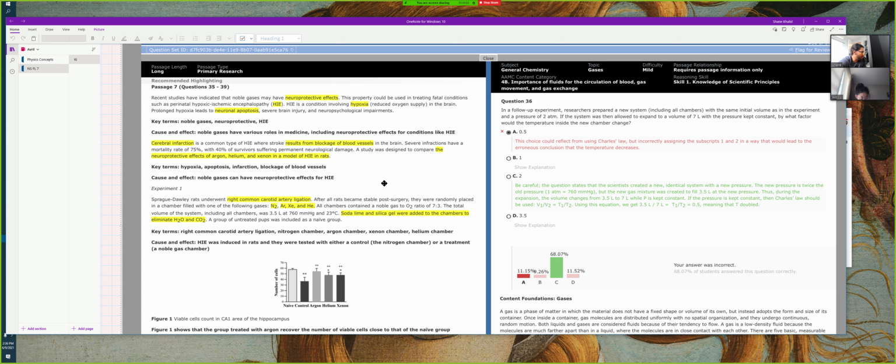Total volume was 3.5 liters at basically one atm, which can let you figure out stuff like the amount of moles.